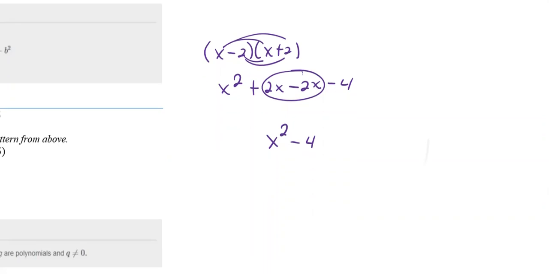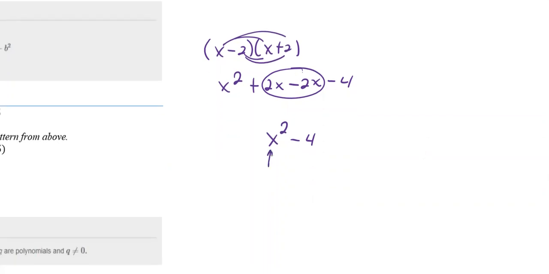Now, why I did that was because you can see that this is a perfect square and this is a perfect square, right? So it's in the form perfect square minus a perfect square, a difference of squares. To get from this back to the original, we just do it this way.